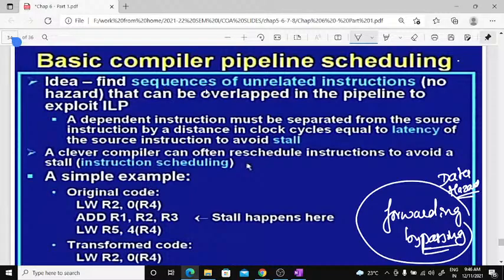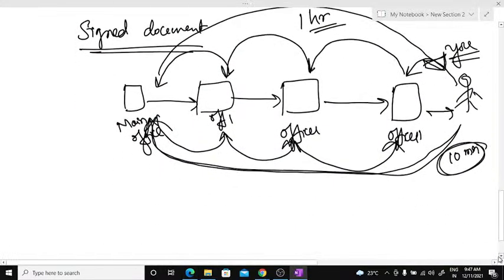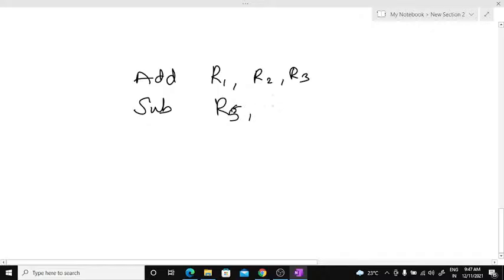The idea is to find a sequence of unrelated instructions that can be overlapped in the pipeline to exploit instruction level parallelism. So we need to find some unrelated instructions. For example, one instruction is an addition with R1, R2, R3. Then a subtraction with R5, R4, R8, and a multiplication with R10, R11, R12.